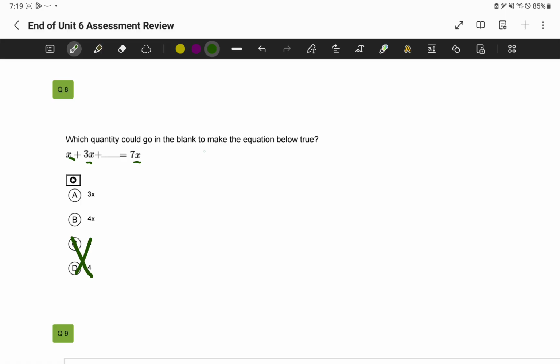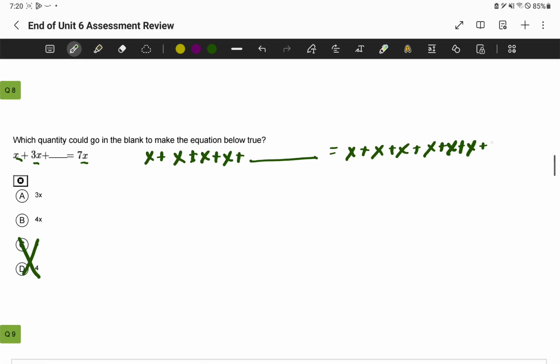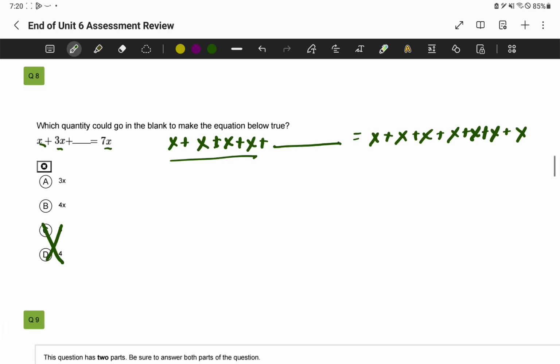So I've got 1x plus 3x's blank equals 7. 2, 3, 4, 5, and 3, 4, to get to 7. Well, there's 4 of them.